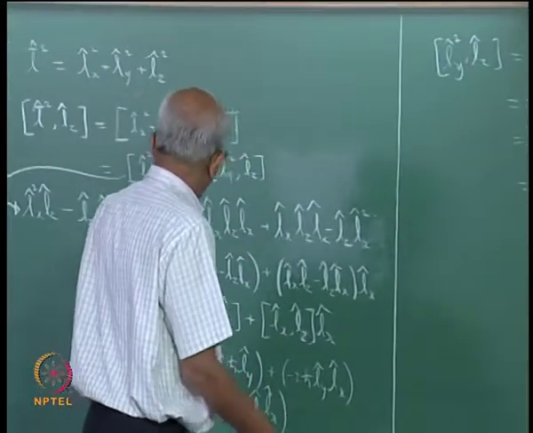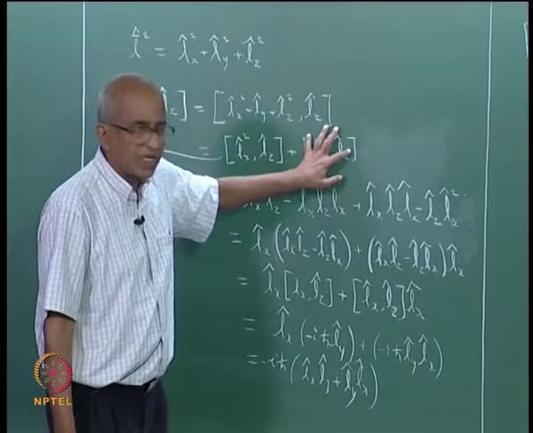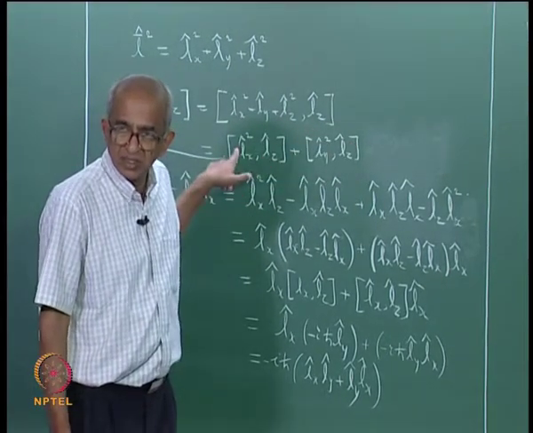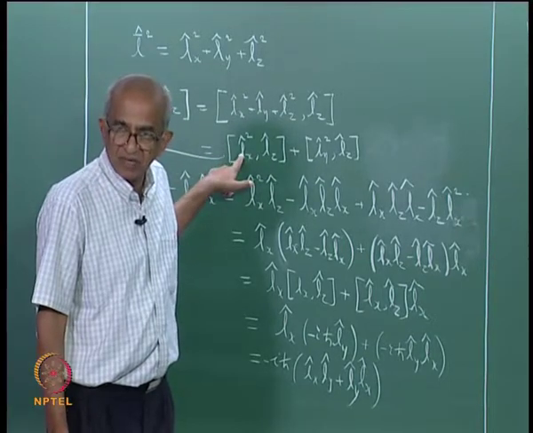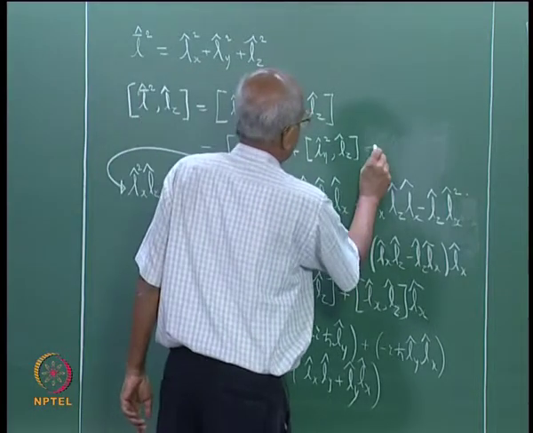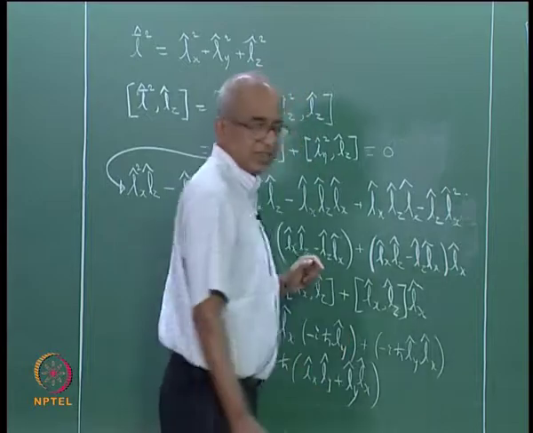And therefore, what do you find? We have evaluated this term, we have evaluated that term, and you find that the second term is nothing but the negative of the first, and therefore, what will happen? The net answer is 0. And therefore, my claim that L square commutes with Lz is proved.